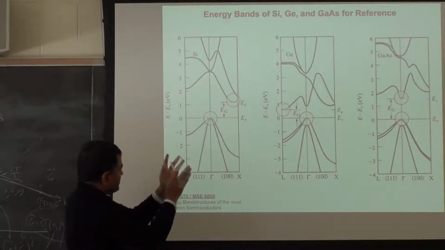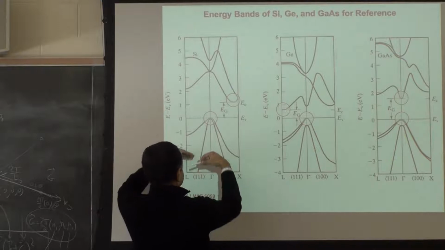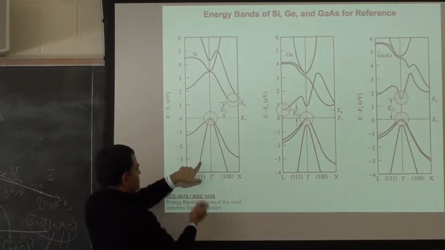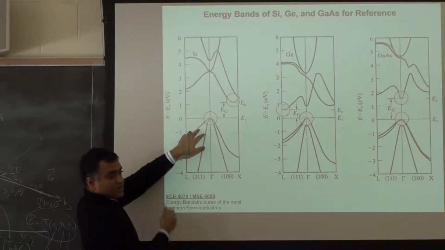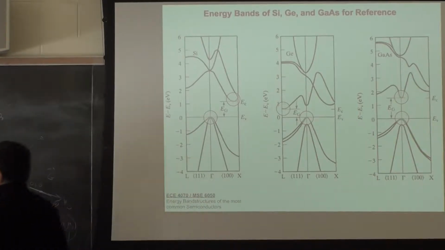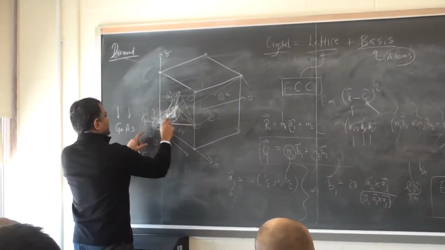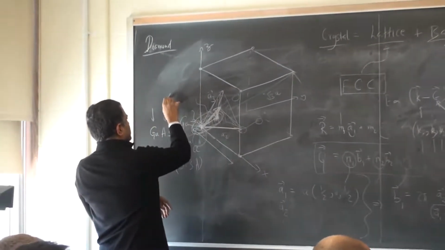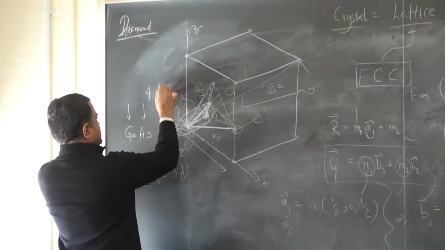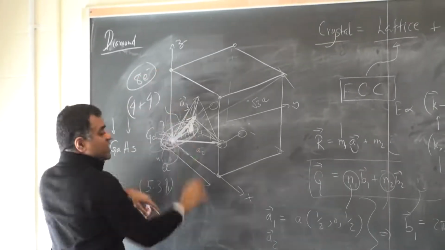Okay, so just a couple of details. In silicon, if you count the number of electrons, remember there were degeneracies and all that. Maybe this was two-fold degenerate, that was one-fold degenerate. And we know in silicon, the basis is two atoms, right? And each atom came in with four electrons, one s and three p's, four plus four. So you have eight electrons in the basis.